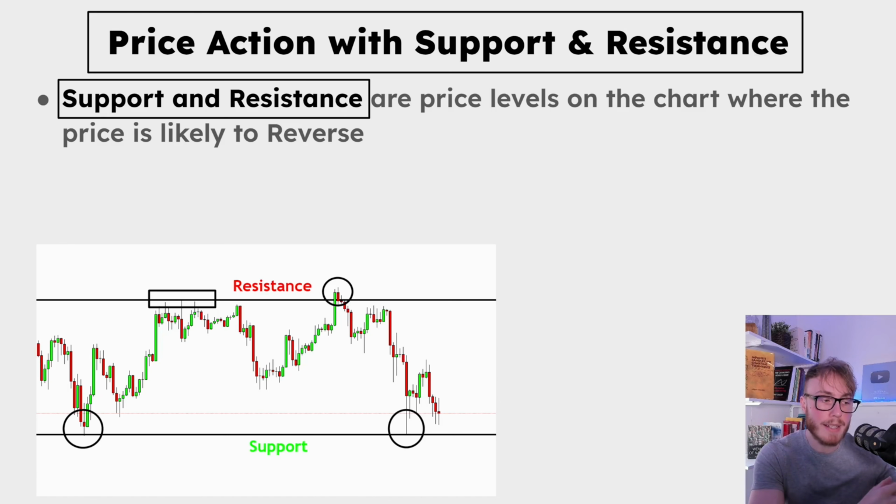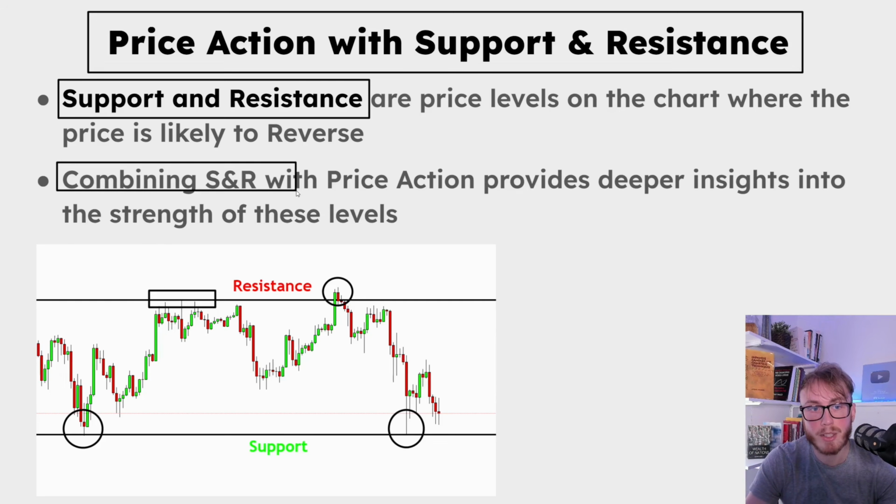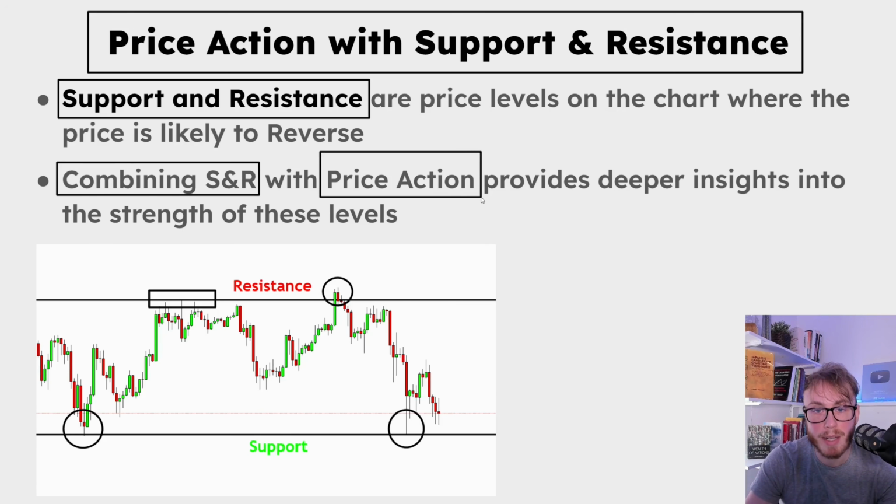But when we combine support and resistance together with price action, we can get insights into how strong the support or resistance level is. So as I said, combining SNR, or in other words, support and resistance, with price action provides deeper insights into the strength of these levels.